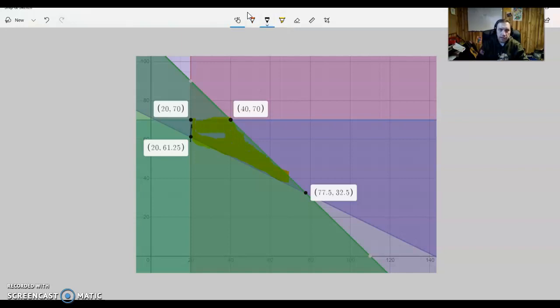Anything that falls inside of these bounds right here could be a solution. So go ahead and pick a few of those points and test them just to make sure, because you could also test a point outside to make sure that doesn't work.